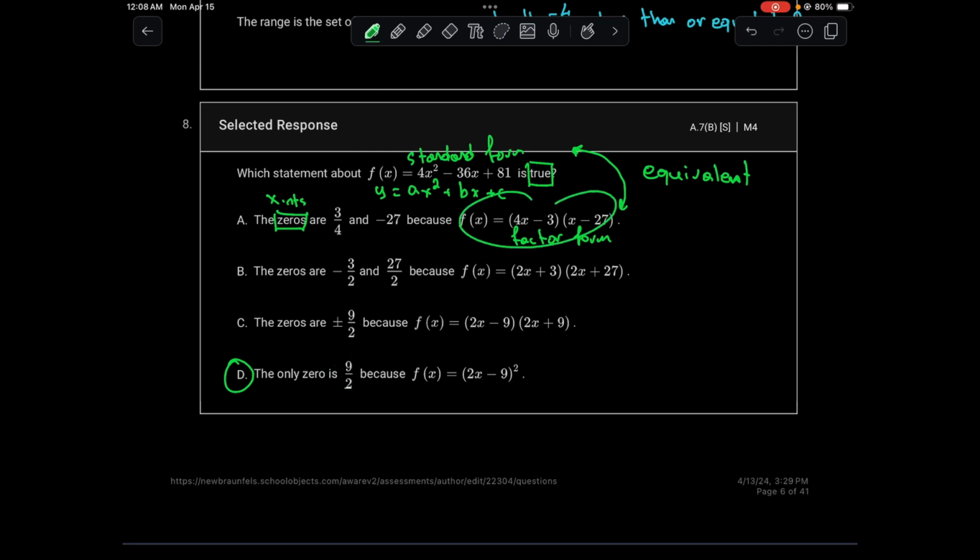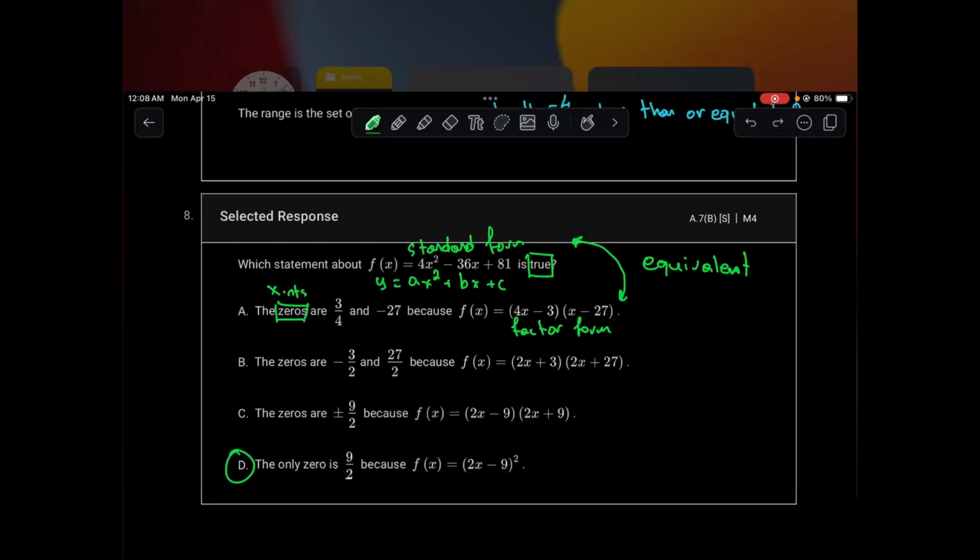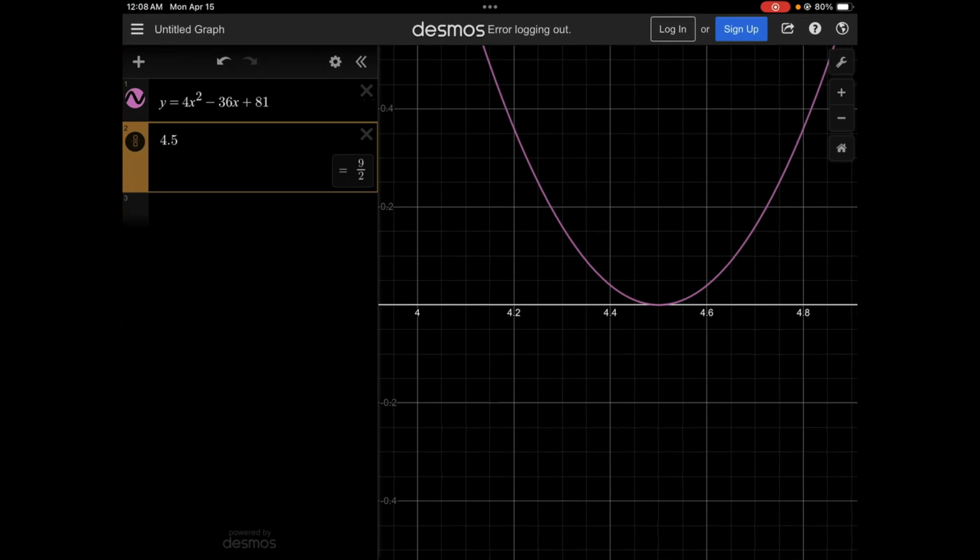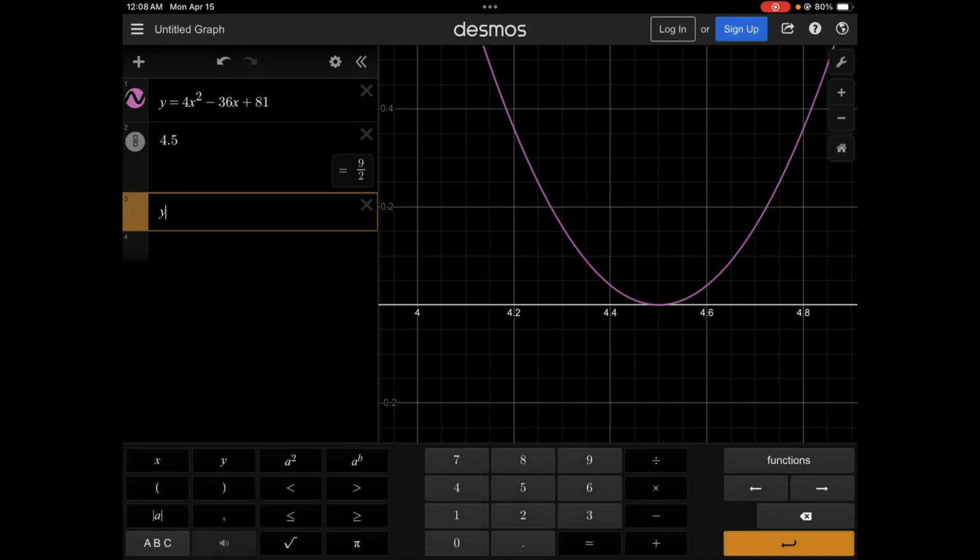I'm just going to put the first one, and then I'm going to put the last one to confirm. Okay, let's do the first one. Y equals 4x minus 3 times x minus 27.